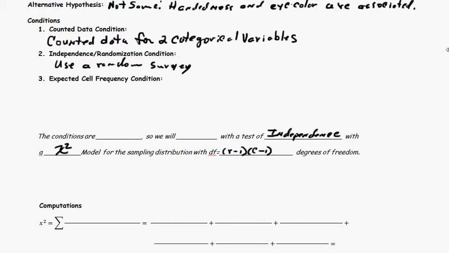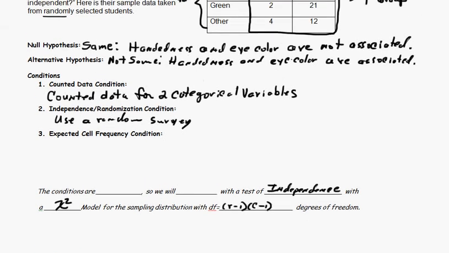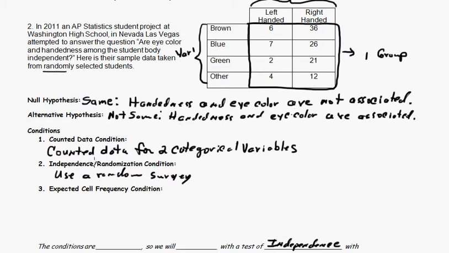Before we get too far ahead of ourselves, we need to do this expected cell frequency check. Remember that all cell counts need to be greater than or equal to 5.